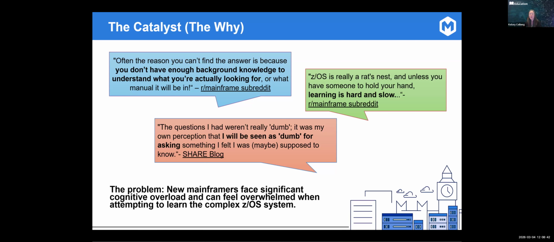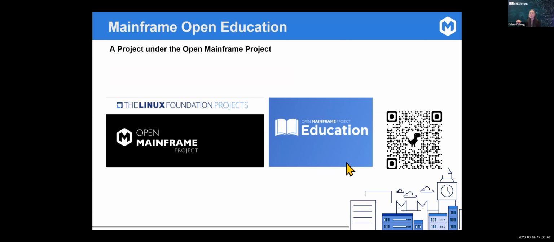That was a little bit of the background in terms of the issue. I did want to touch base on what Mainframe Open Education is, because this is the team that has helped sponsor this project. Nancy and myself are both members of this initiative. It is a project under the Open Mainframe Project at large.